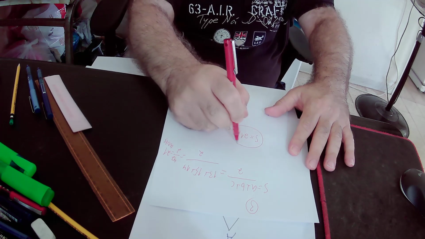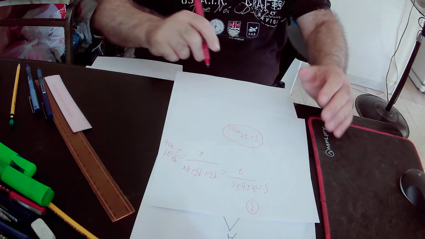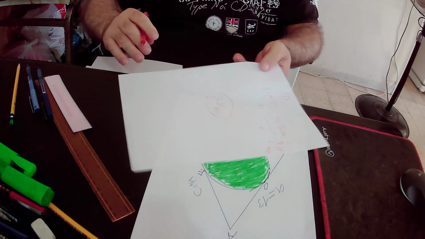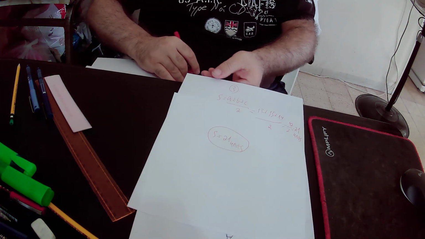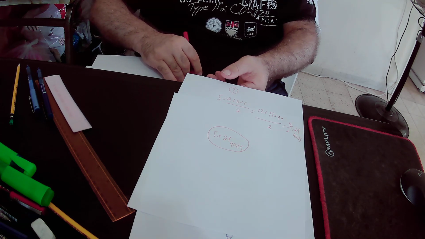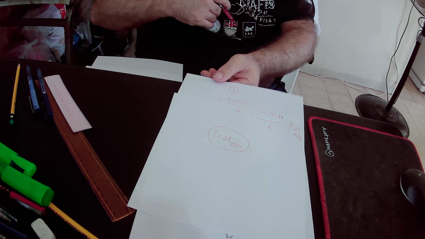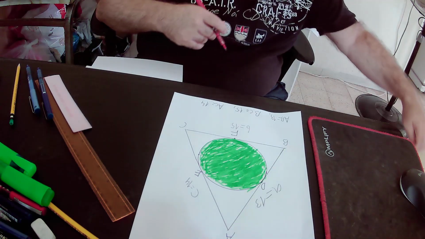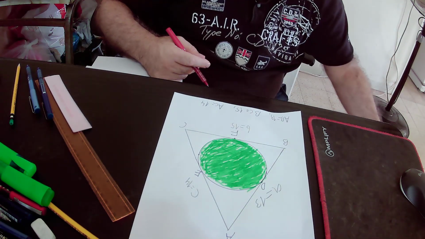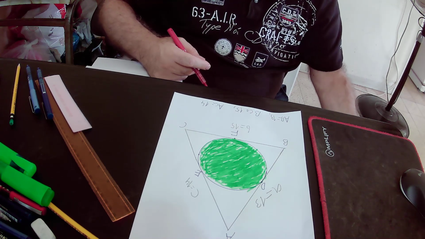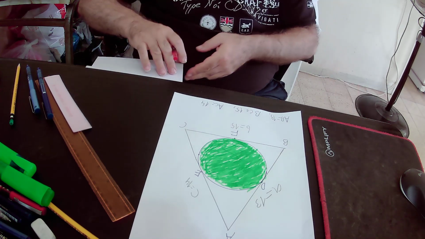Okay? So after we found that the semi-perimeter of our triangle ABC equals 21 units, we can calculate the area of triangle ABC by the following formula.